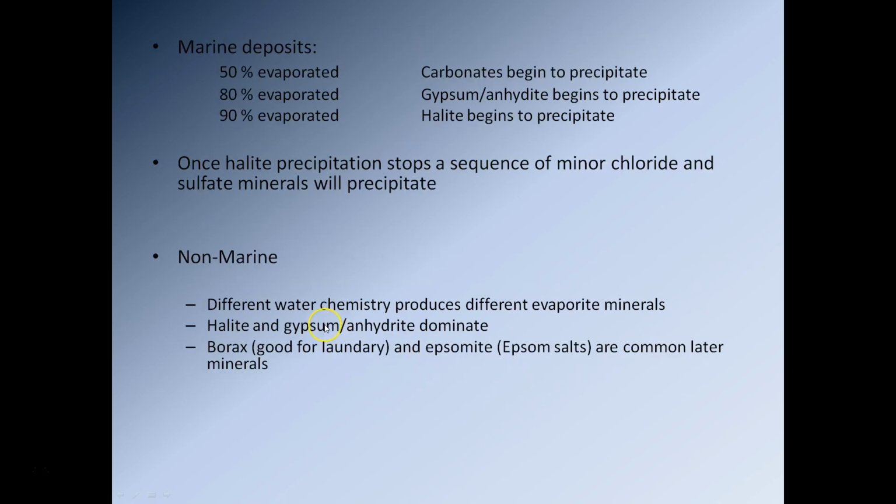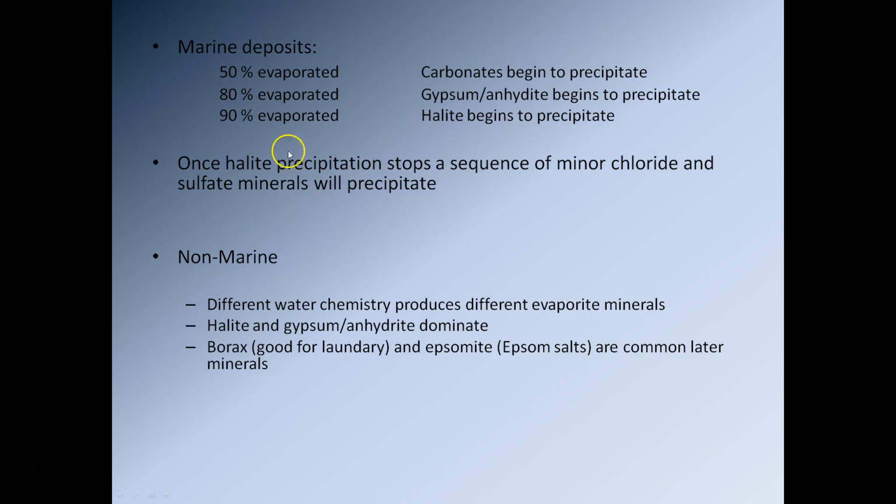Marine evaporites form in a pretty well-known pattern. Once 50% of the water has evaporated away, you will start seeing carbonates precipitating out directly from the seawater. Once you've gotten rid of 80% of the seawater, you will begin to see gypsum and anhydrite appearing. That's calcium sulfate.